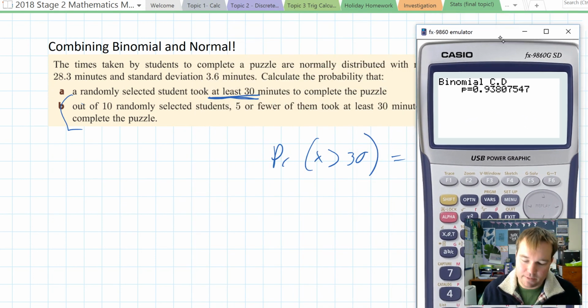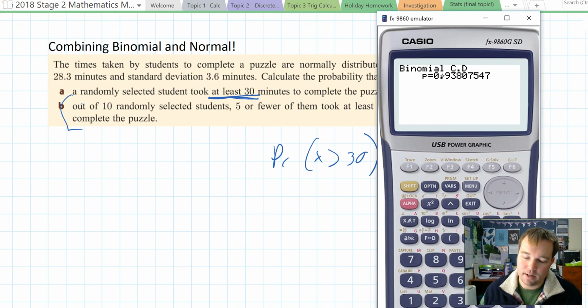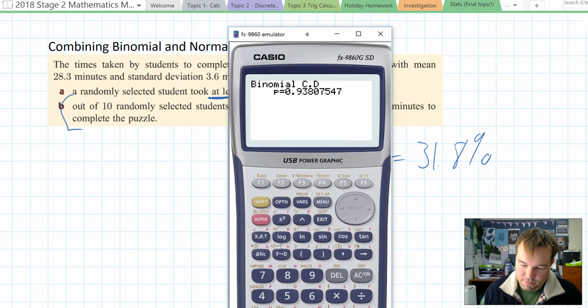So the probability that 5 or fewer of them took at least 30 minutes to complete the puzzle is 93.8%.